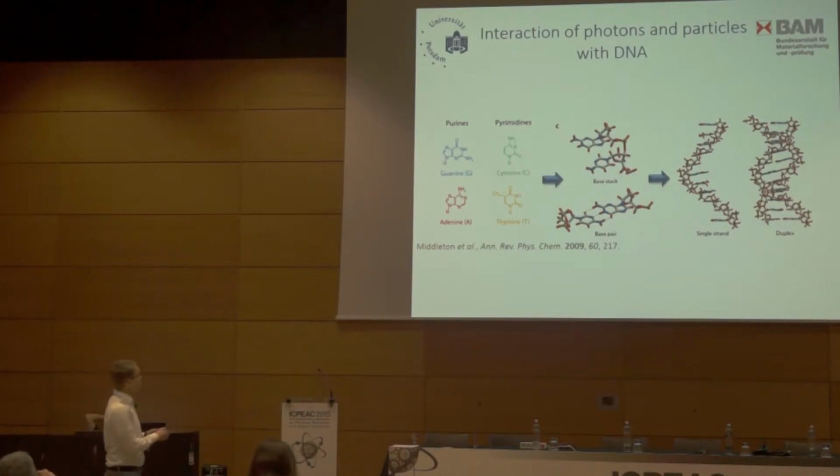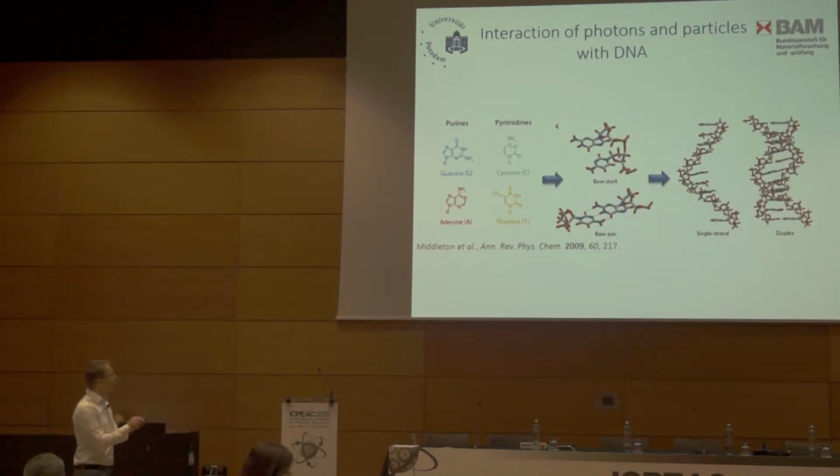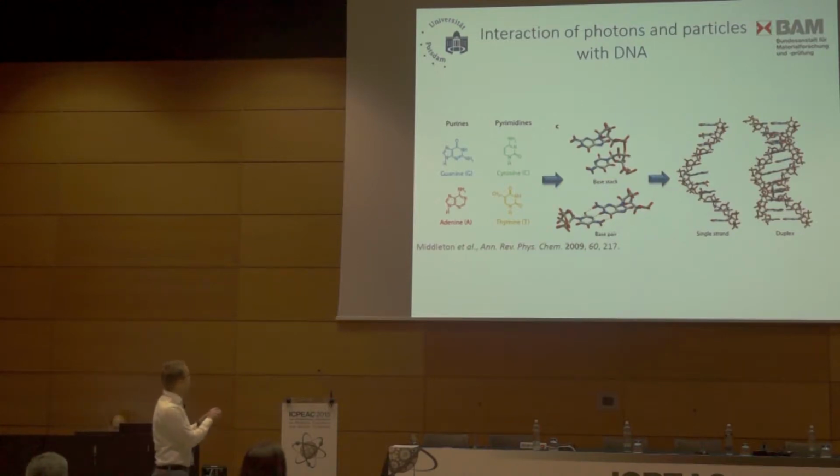But the properties and the interactions might change already when we just combine two of these nucleobases, and then we have additional interactions like nucleobase stacking and hydrogen bonding between the base pairs. And so the properties of single and double-stranded DNA might be quite different from the behavior of the single nucleobases.